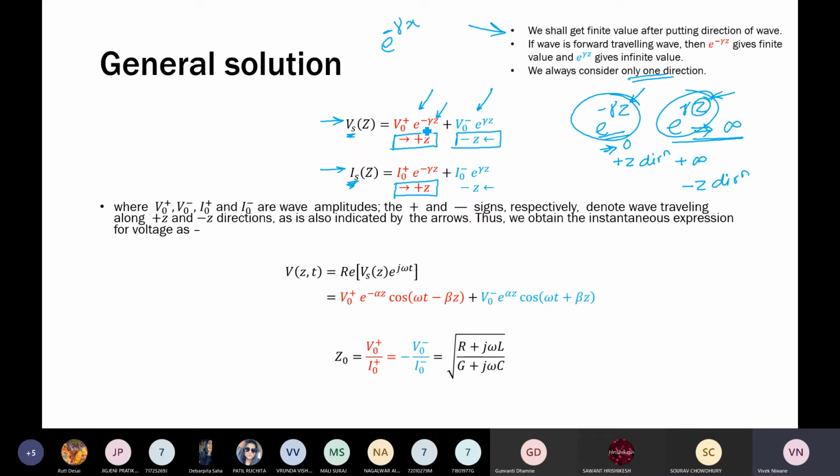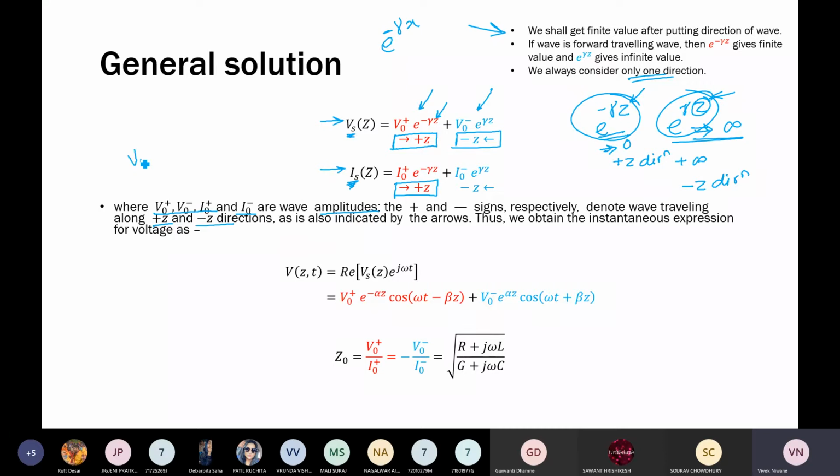Let us try to observe another notation, where V0 plus, V0 minus, I0 plus and I0 minus are wave amplitudes. Those are the amplitudes of the wave. The plus and minus signs respectively denote wave traveling along plus z and minus z direction.